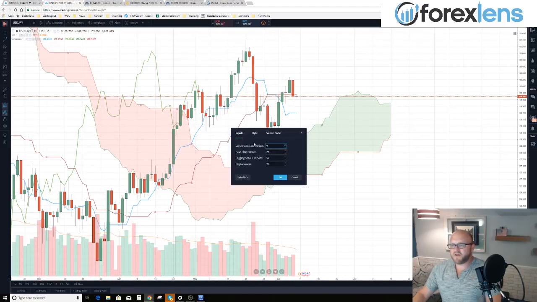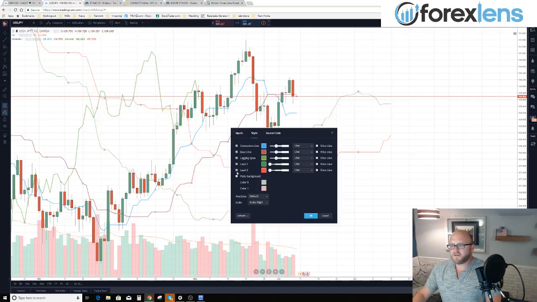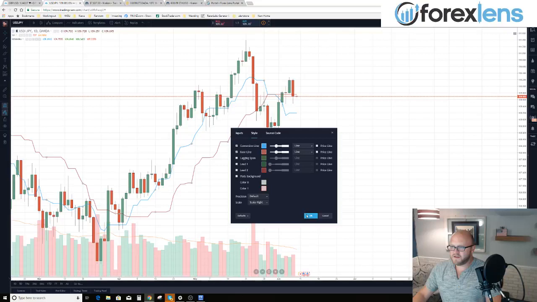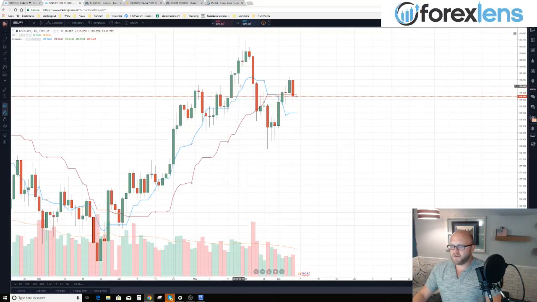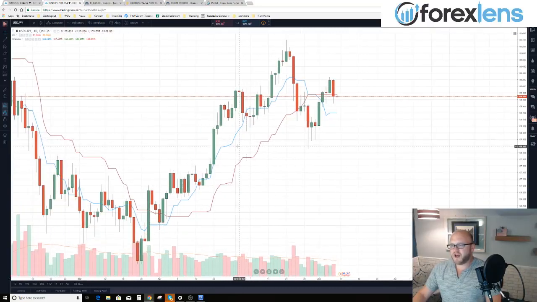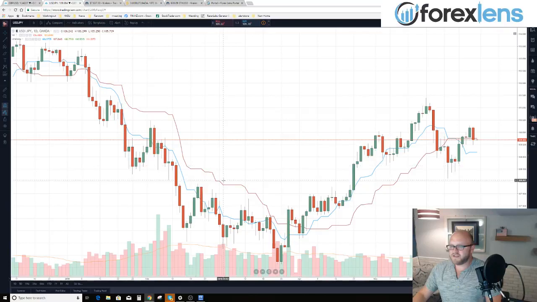If I get rid of the cloud and all these other lines so we can isolate these, we have the conversion line, or the Tenkan-sen, and the baseline, which is the Kijun-sen. And these are not regular moving averages. These are averages of the average. This line is not like a normal moving average. You can see that it flattens out sometimes because it's still an average over a period of time.